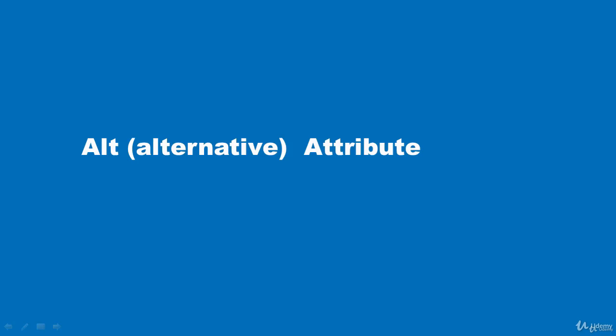I also want to introduce you to another attribute that we've also used before. The attribute is called the alt attribute, also referred to as alternative attribute. This attribute basically is used to specify an alternative text to be used when an image cannot be displayed.